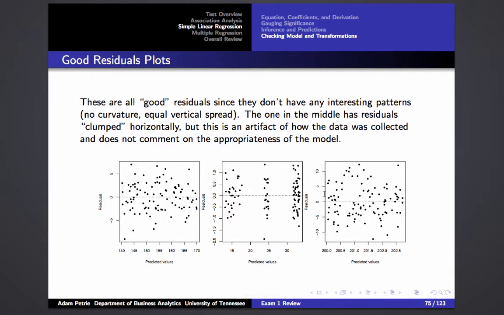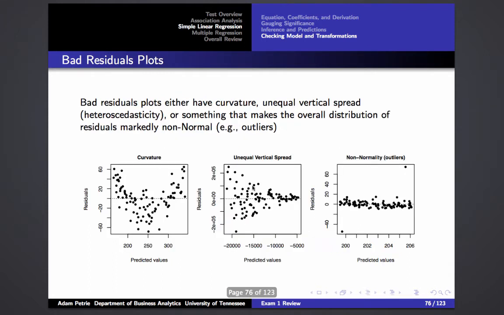So good residuals plots look like this. Remember, it's okay to have kind of unequal horizontal density here. You can have gaps. That's fine. That's just a reflection of how the x values were collected. But if you have unequal vertical spread, that's bad news. That's a deal breaker. If you have curvature, that's a deal breaker. There's something left over that your model's not explaining. If you have obvious non-normality with extreme outliers like this, that's bad news as well.